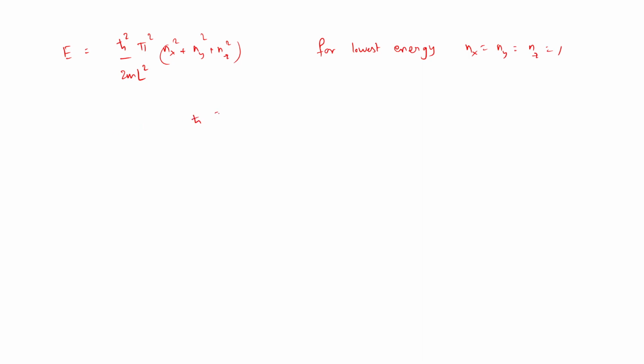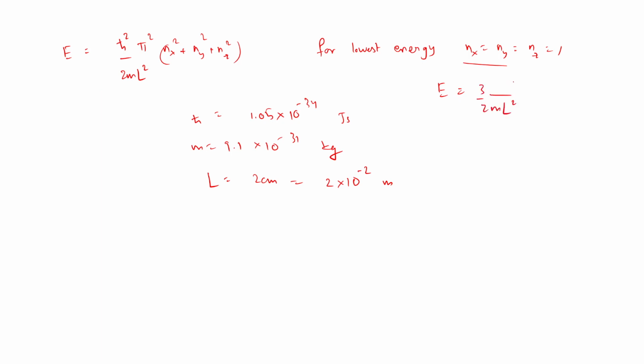So if you put h bar equal to 1.05 into 10 to the power minus 34 joule second, m equals 9.1 into 10 to the power minus 31 kg, and L equal to 2 centimeter, you have to put it in SI unit, 10 to the power minus 2 meter. E is equal to 3 by 2 m L square times h bar square pi square, and if you put these values you will get E in joule.